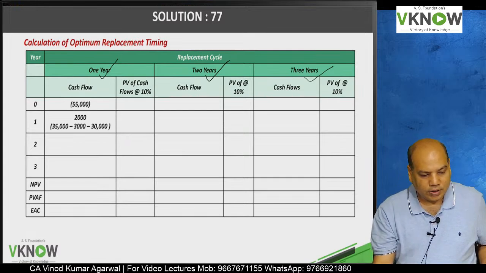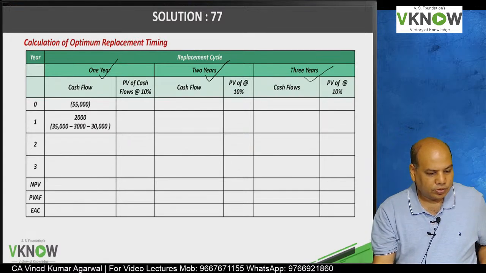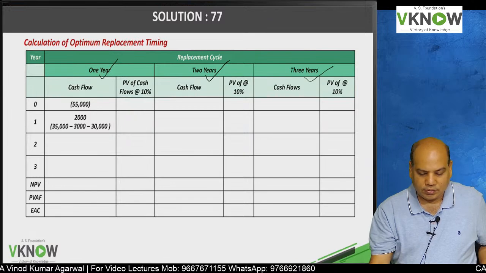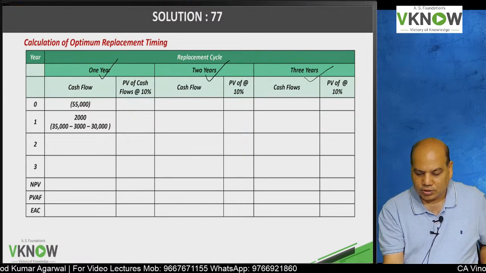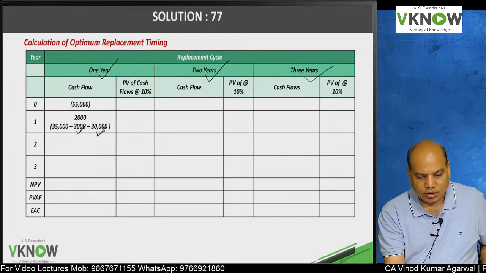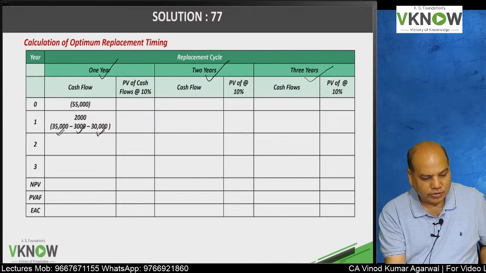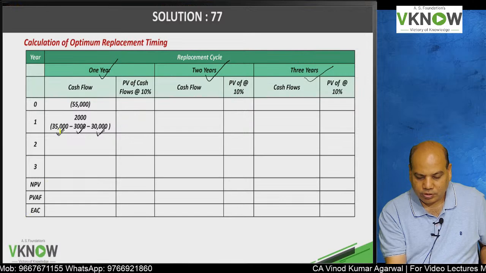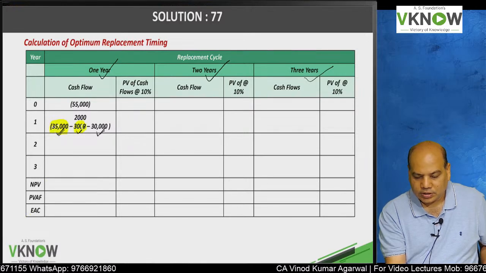In year 1 I will incur 3,000 road tax and 30,000 petrol repair, and I will get 35,000 rupees salvage value. I repeat, salvage value will be 35,000, road tax 3,000, petrol repair 30,000.